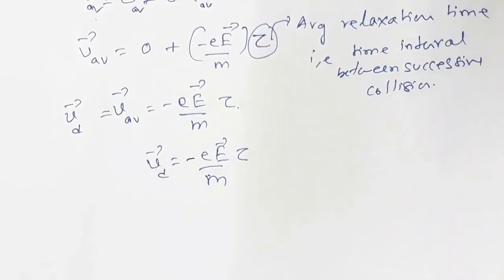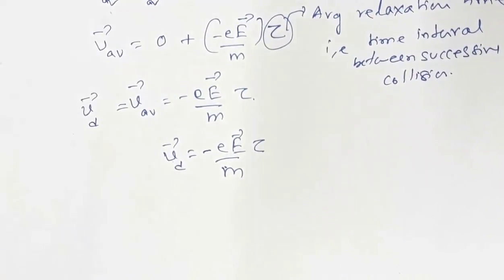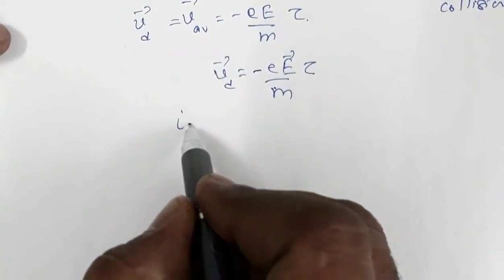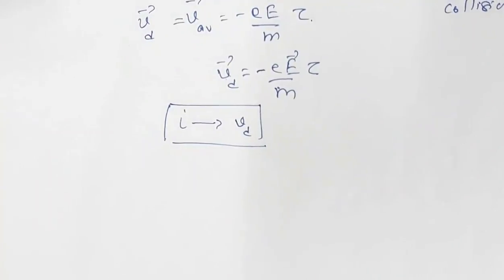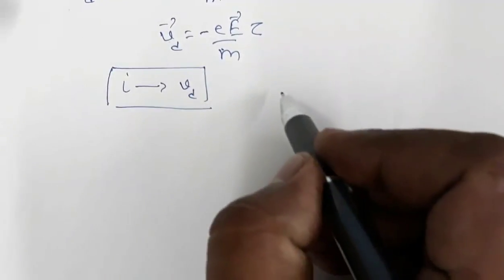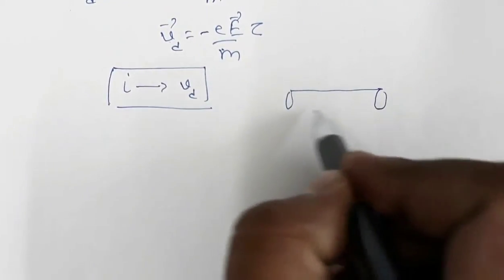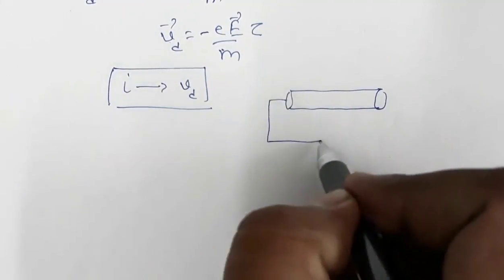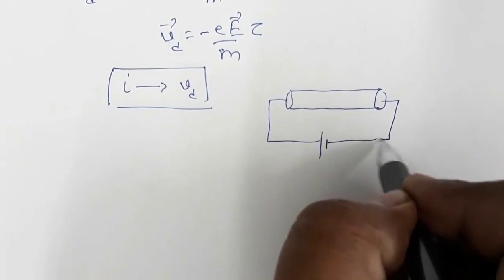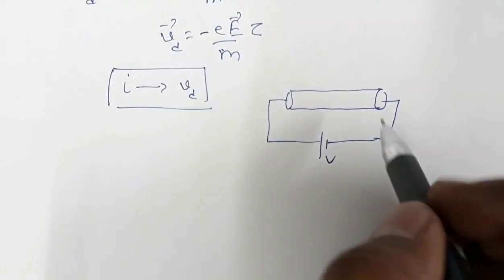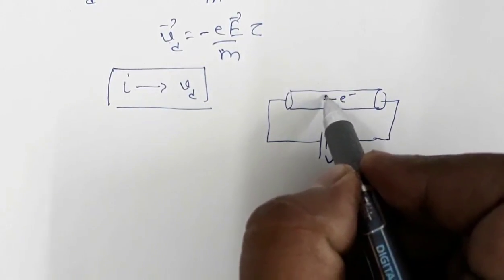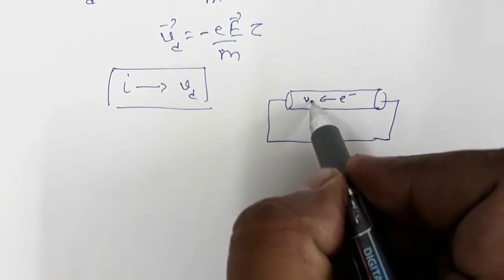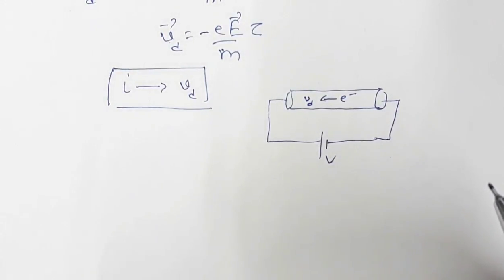Okay, now next we will see the relation between strength of current and drift velocity. Suppose you have a conductor, and across this conductor we apply a constant potential V. The free electrons are drifting in this direction with drift velocity vd.